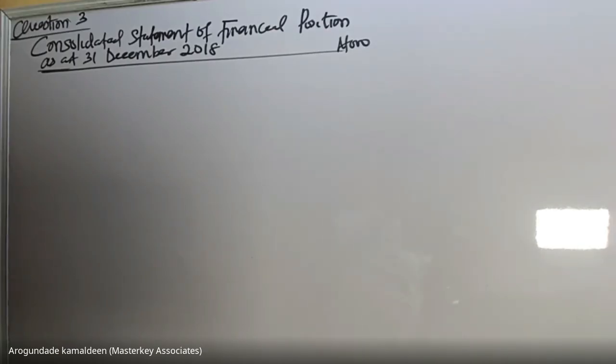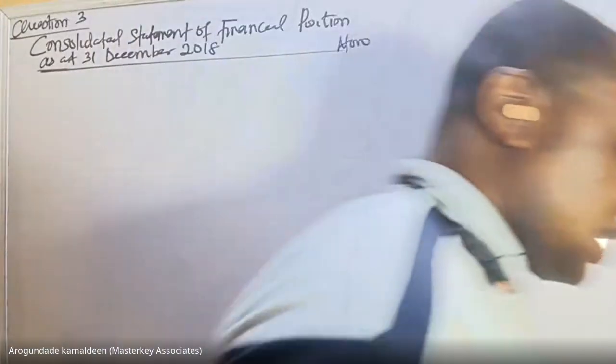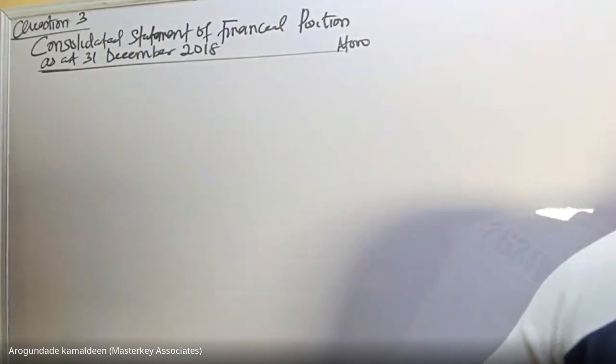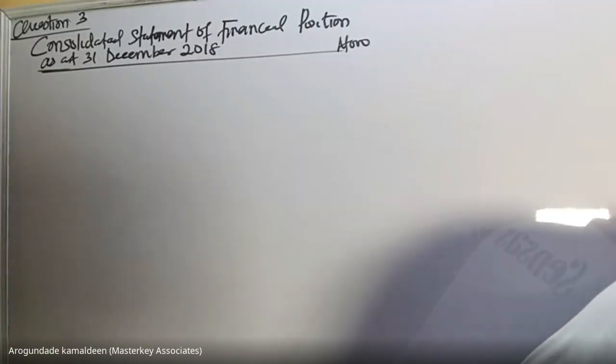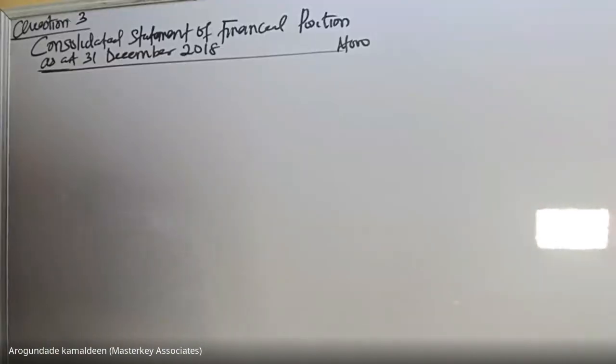Please listen to me carefully, because this is the only example I am giving us, and this question is very, very wide. When you open this, you are going to add together the assets and liabilities of the parent company and the subsidiary. Is that clear?